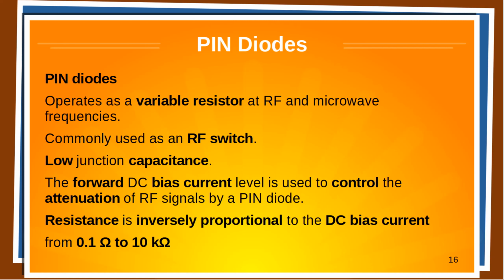They have very low junction capacitance, which makes them more usable at very high frequencies. And the forward bias current is used to control the attenuation or the effective resistance of it. Says the resistance is inversely proportional to the DC bias current. And they're in the 0.1 to 10K range, which is pretty wide.